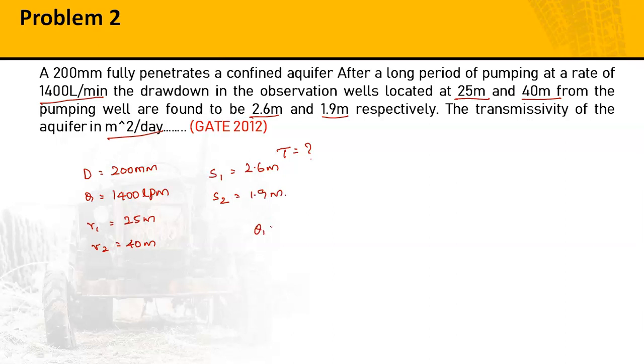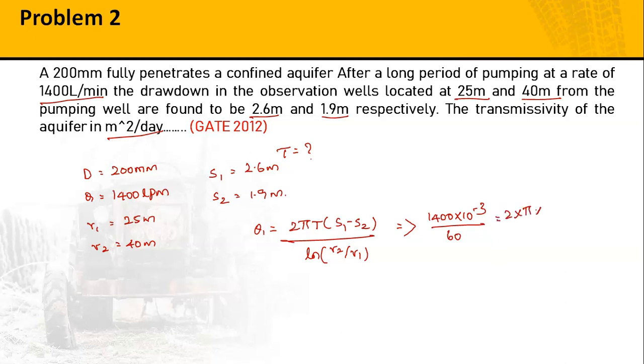So as you all know, Q is equal to 2 pi T (S1 minus S2) divided by ln of R2 by R1. So Q is equal to 1400 into 10 to the power of minus 3 divided by 60, converted into meter cube per second, is equal to 2 into pi into T into S1 value 2.6 minus 1.9 divided by ln of R2 value 40 divided by 25.